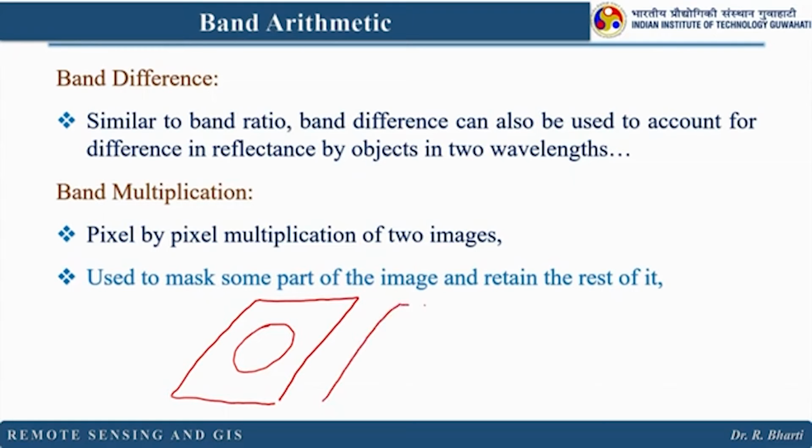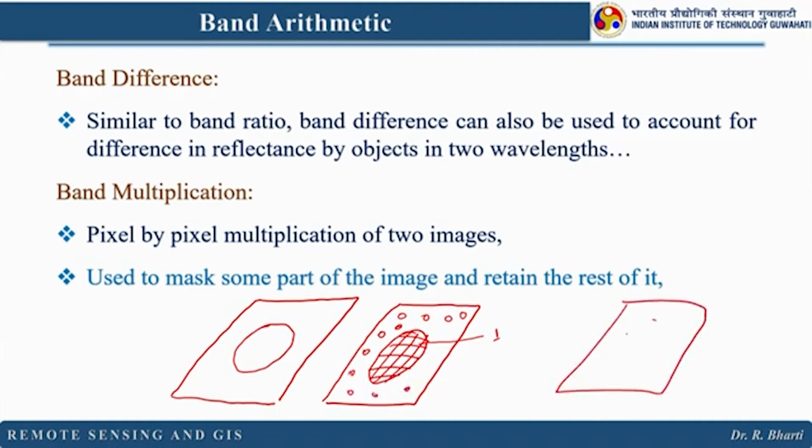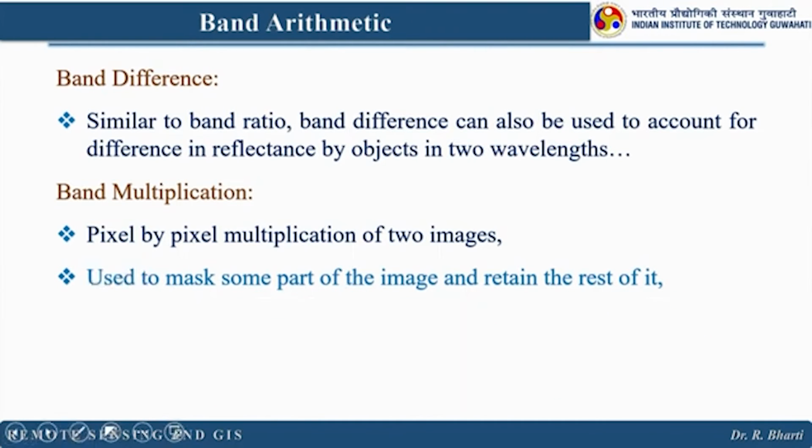We can make a blank image, and for this particular circle, or for your study area, you assign the pixel value of 1, right? So all these pixel values are 1 and the rest are 0, 0, 0, all the other pixels. So what will happen? Your output will have only this with the original DN value, and the rest will be dark like you have seen in the previous image. So that is the importance, or the advantage, of band multiplication.